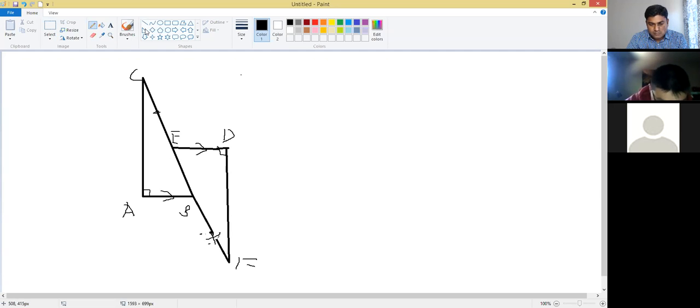And we know AB is equal to ED. So how should we prove triangle ABC equal to triangle DEF? By SSS? By HL?